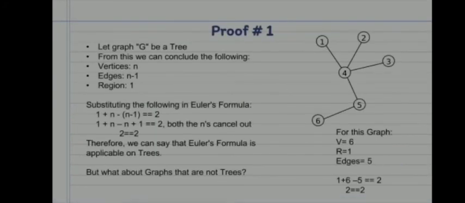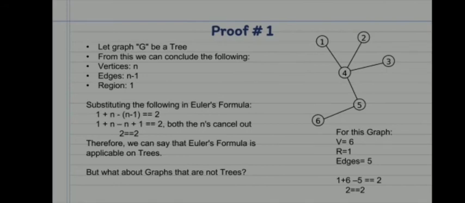In proof number 1, we assume the graph G to be a tree. Which can be seen on the right, we see that the number of vertices is 6, the number of edges is 5, and the region is 1. As trees are inherently acyclic in nature, that means that they do not contain any cycles and do not contain any interconnected edges. The number of regions is 1.